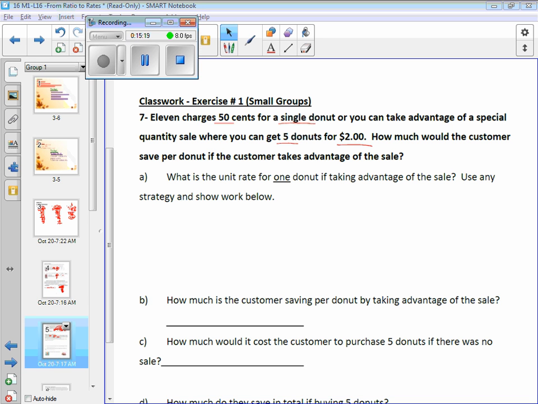Okay, now here's my next question. 50 cents is what number? I was going to say what rational number, but I don't want you to get hung up on the word rational. If I just say what number is 50 cents, how do you express 50 cents as an actual number? Say it. 0.50. It's actually less than $1, less than 1.